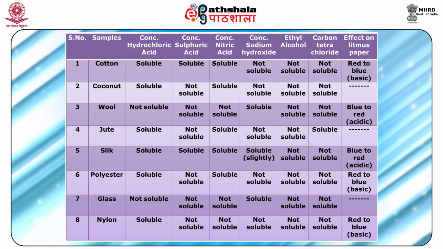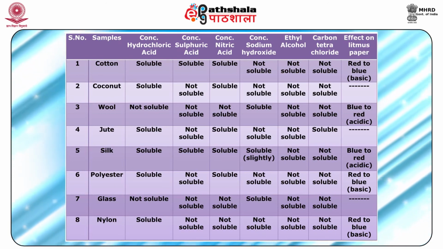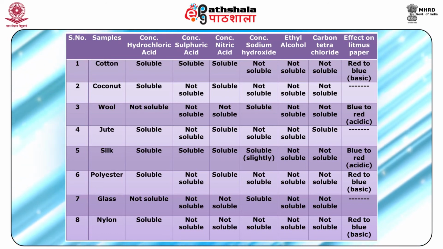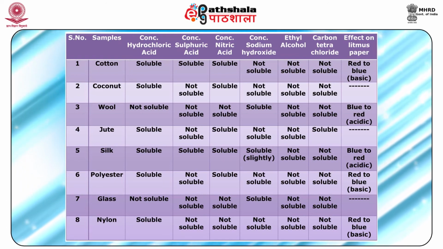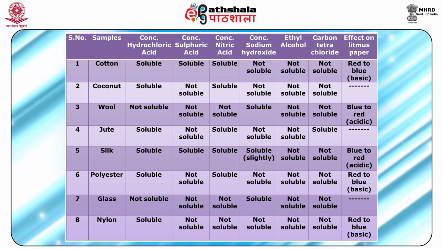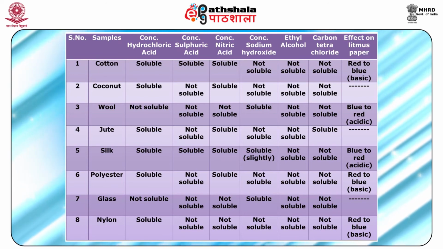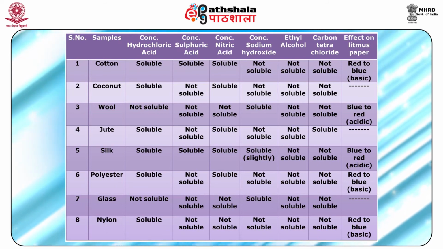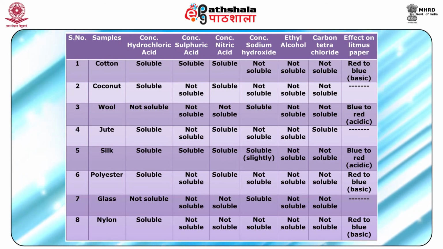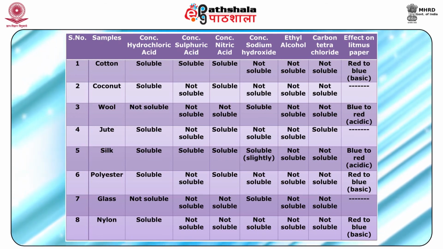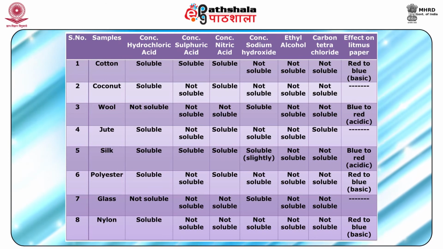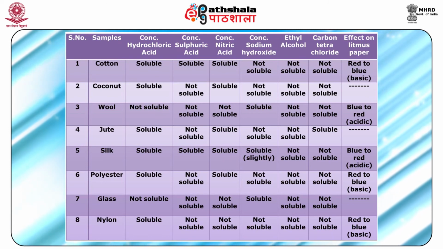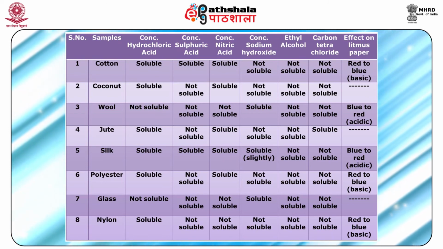The samples taken are cotton, coconut, wool, jute, silk, polyester, glass, and nylon, and the various types of reagent that have been recorded in this table are concentrated hydrochloric acid, concentrated sulfuric acid, concentrated nitric acid, concentrated sodium hydroxide, ethyl alcohol, carbon tetrachloride, and its effect on the litmus paper.